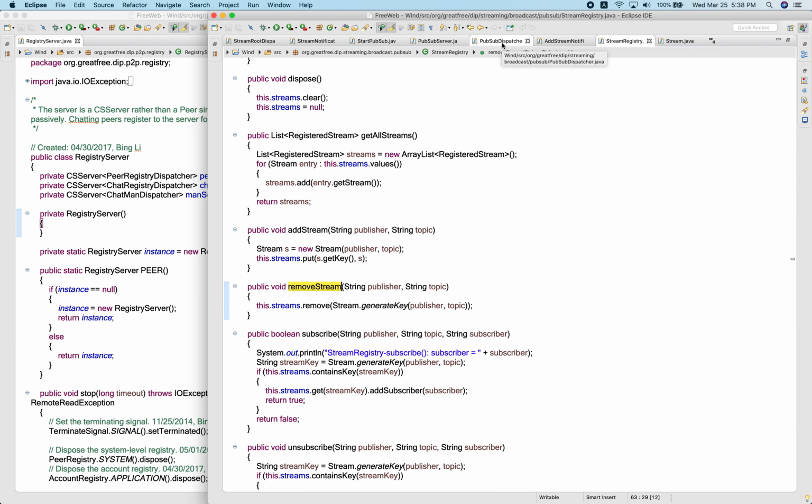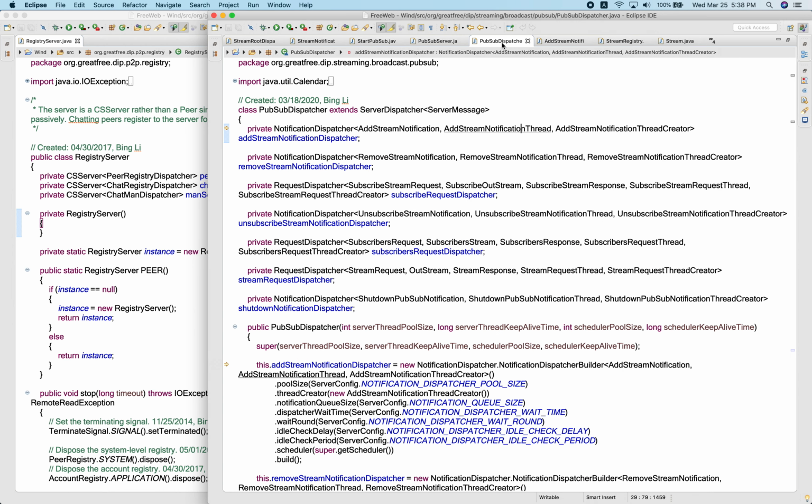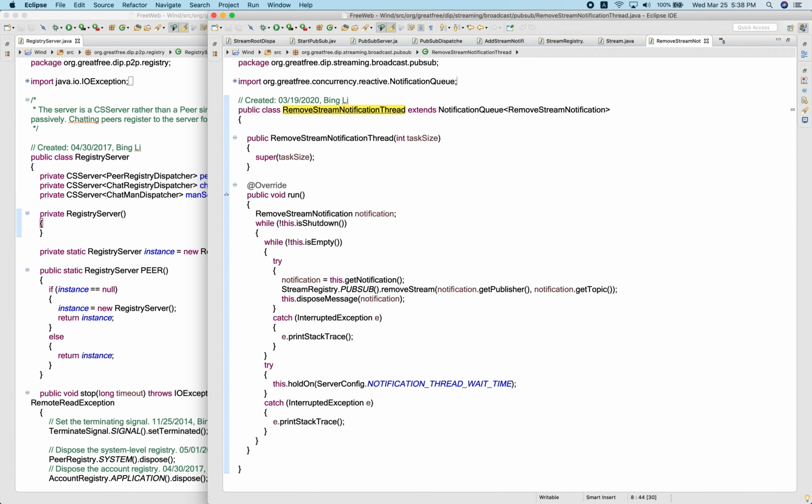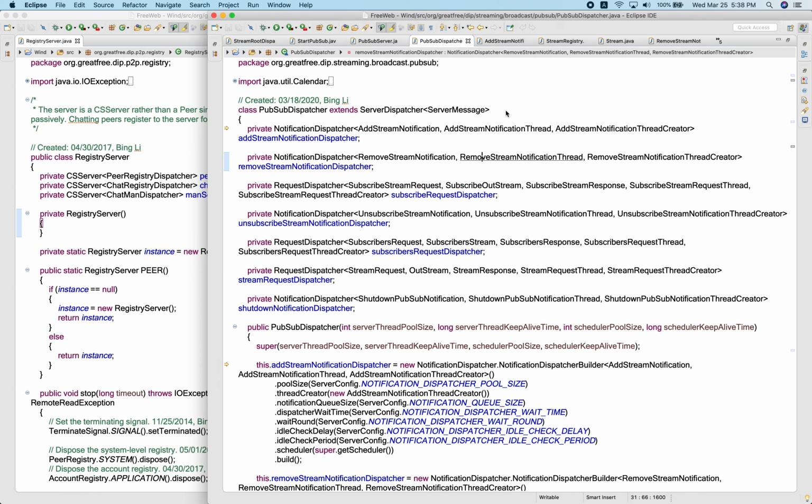It wants to remove all the data it published. Then that means it is never interested in such data. It never publishes such data anymore. Then they can remove such a stream. Okay, this is remove, right? That's easy to understand, right?